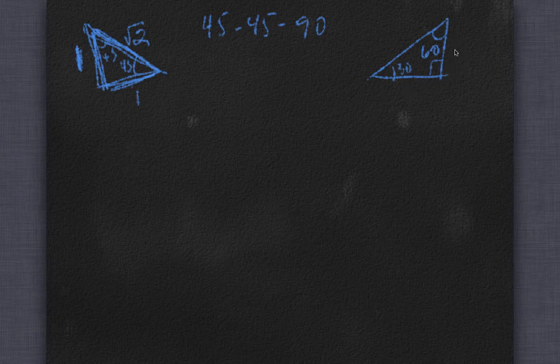And so you might think I'm going to say 1, 2, root 3, but it's actually not the case. So it turns out on a 30, 60, 90 triangle that the relationship goes 1, 2. The hypotenuse is the 2.